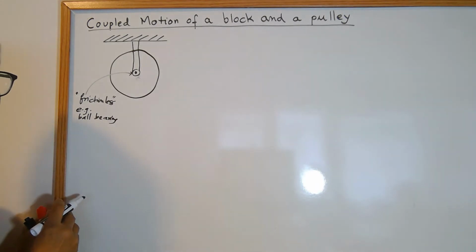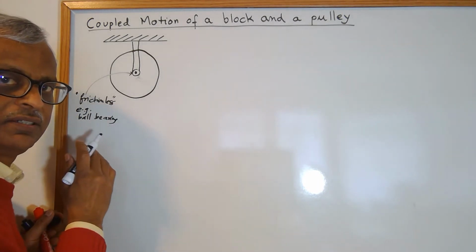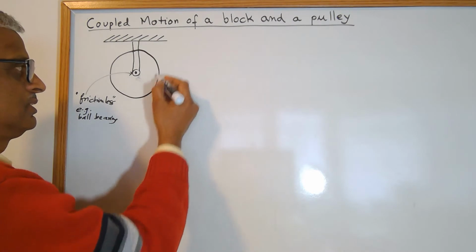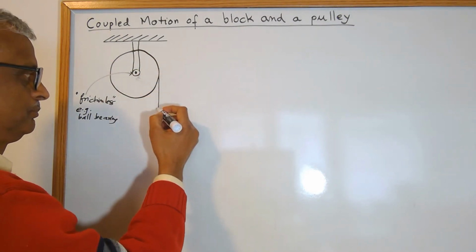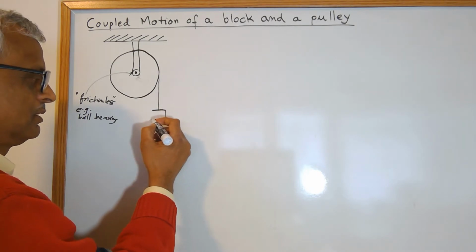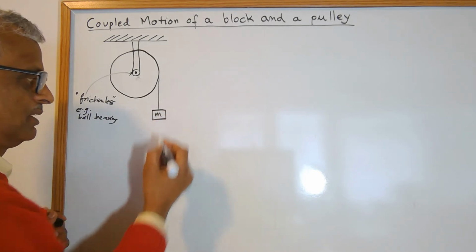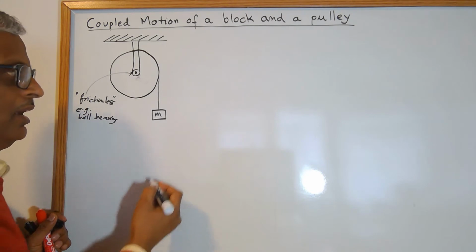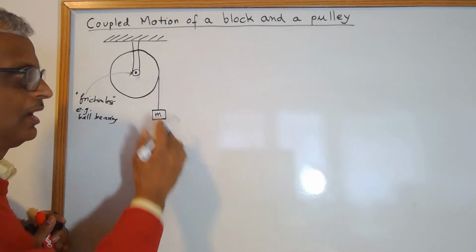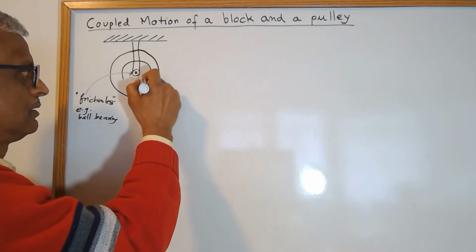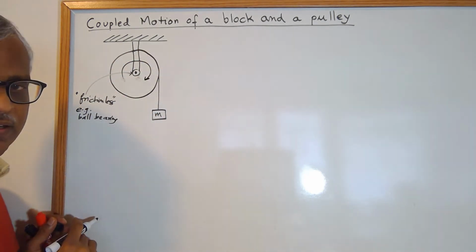It's not zero, but reduced friction, right? So this is going to rotate, and there is a block here which has mass m, and it's going to accelerate down like this, and this is going to rotate like that, right?